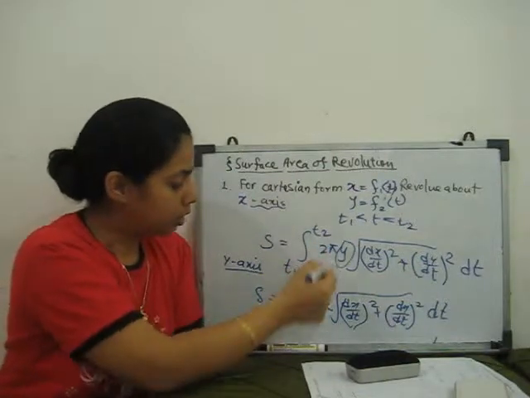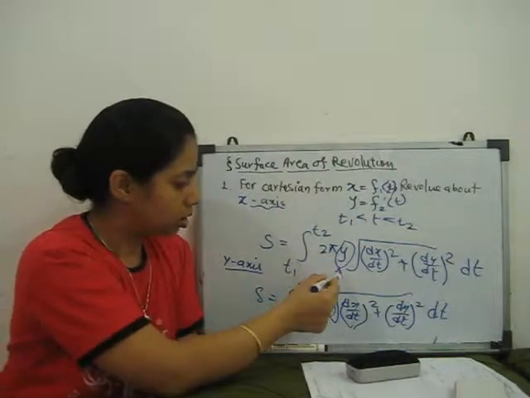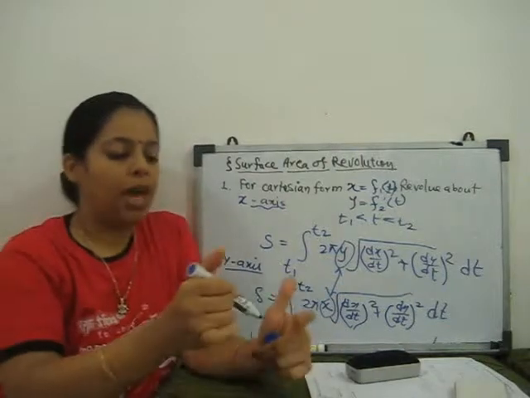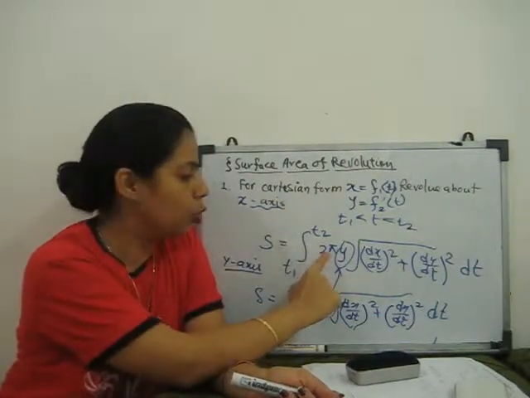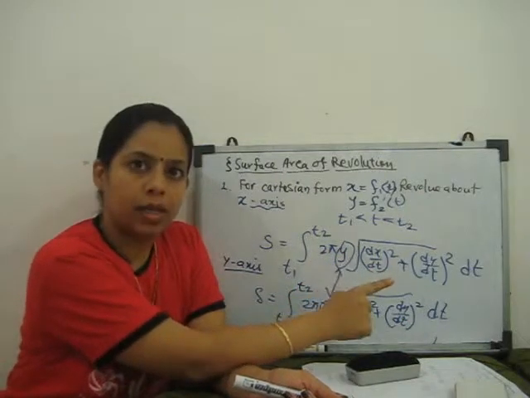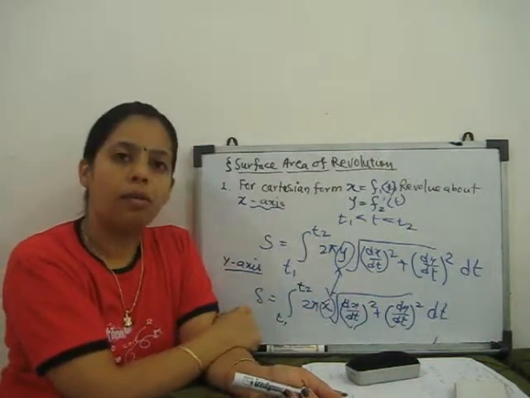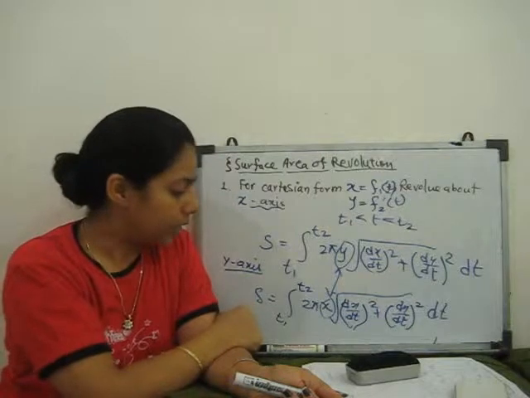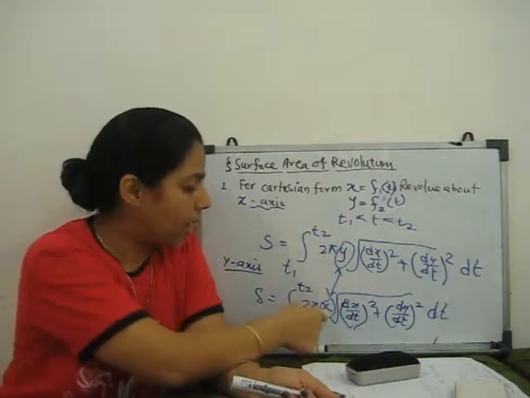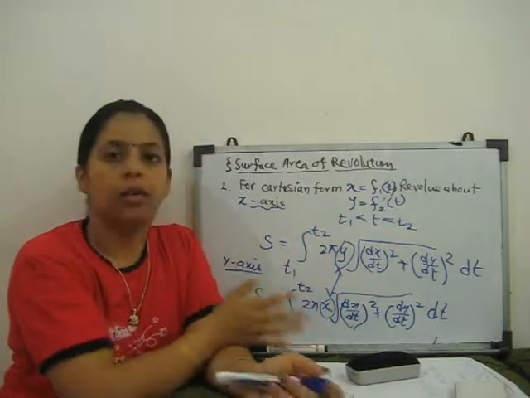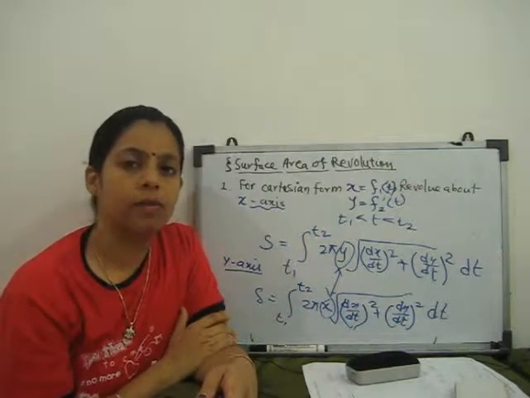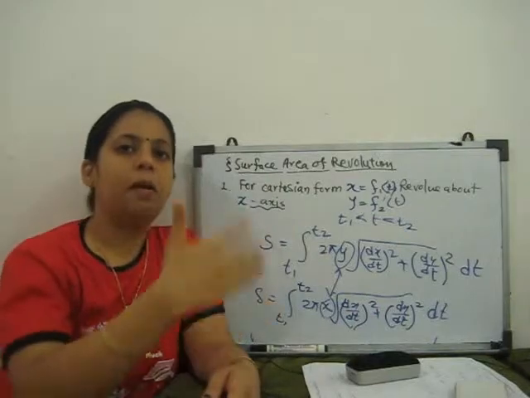What is the major change? When we revolve about the x-axis, the area is given by 2 pi y ds/dt. When we revolve about the y-axis, the area is given by 2 pi x ds/dt. So these are the formulas for surface of revolution when the curve is given in parametric form.